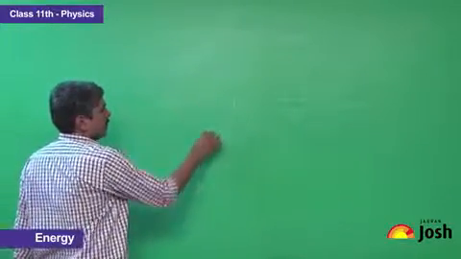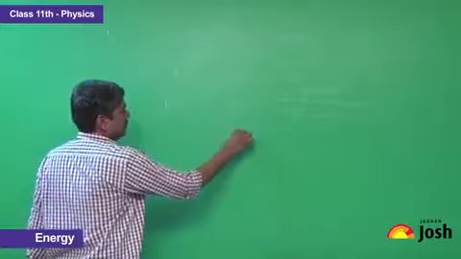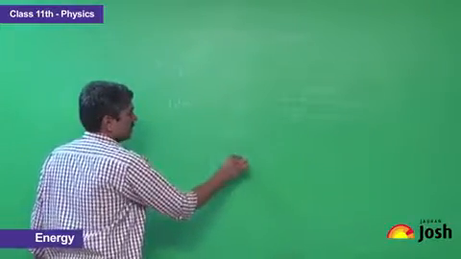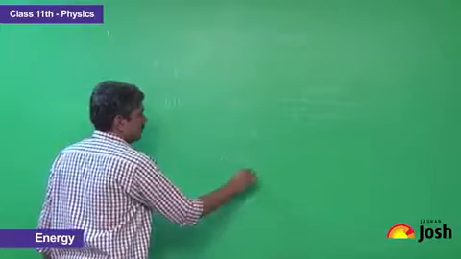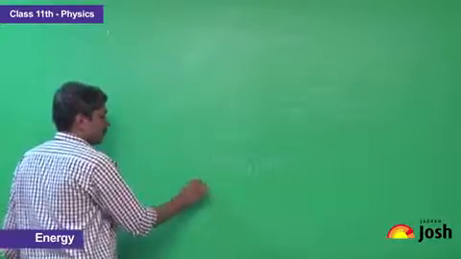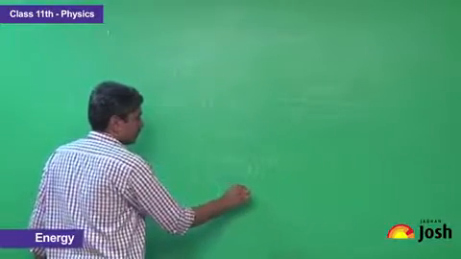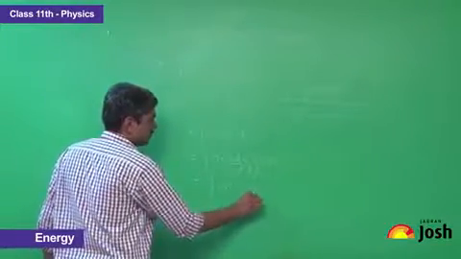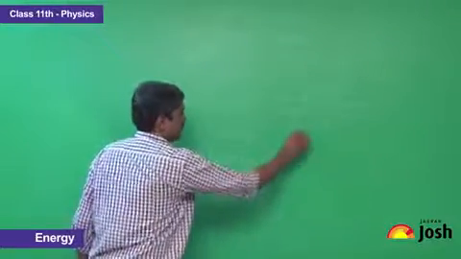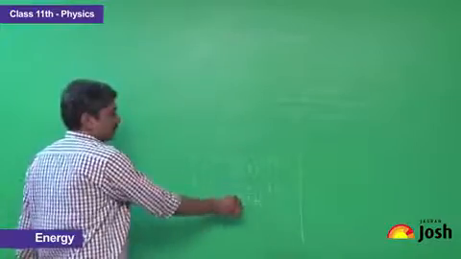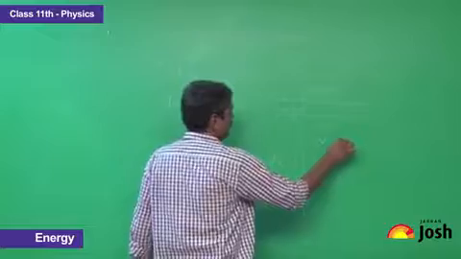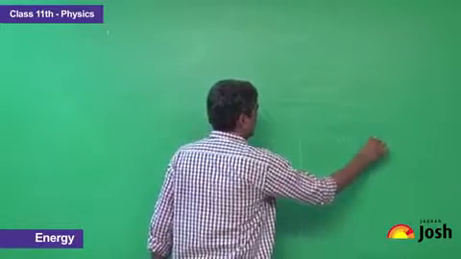Then place the value of F, that is ma into dx. We can write acceleration as dv upon dt, and dx. Now we can write it as dx upon dt into dv, displacement upon time, that is m v dv.